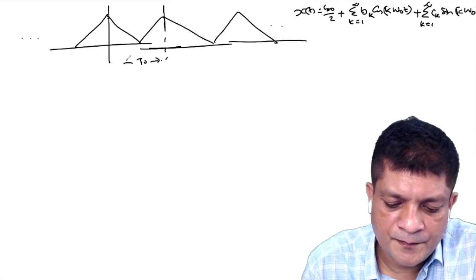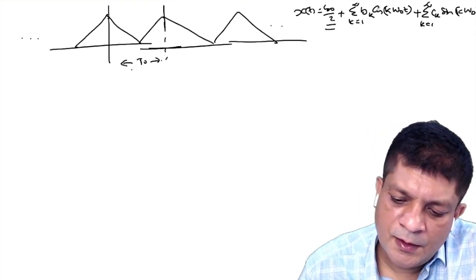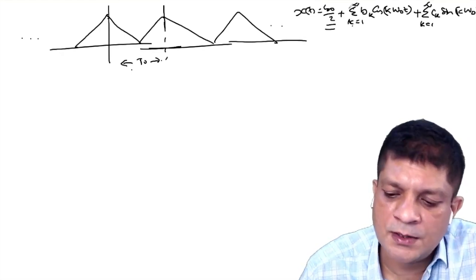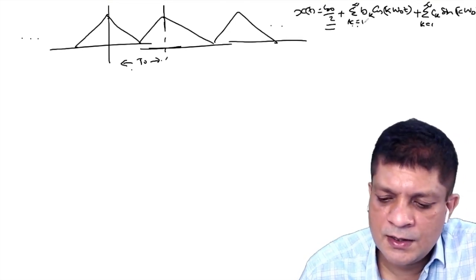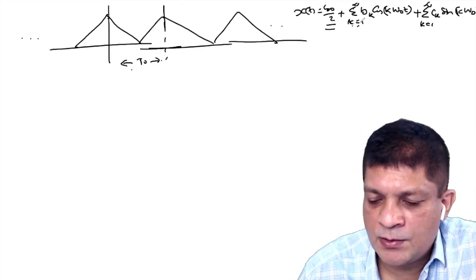There is a constant term. Now consider the summation over k from 1 to infinity. What is the signal corresponding to k equals 1? It is a cosine signal.